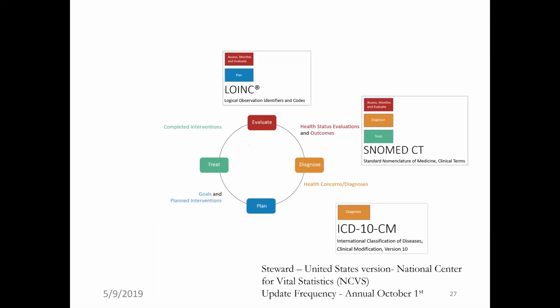The steward of this code system is, in the United States, the National Center for Health Statistics, NCHS, and the international version is managed by the World Health Organization. It's updated annually on October 1st.